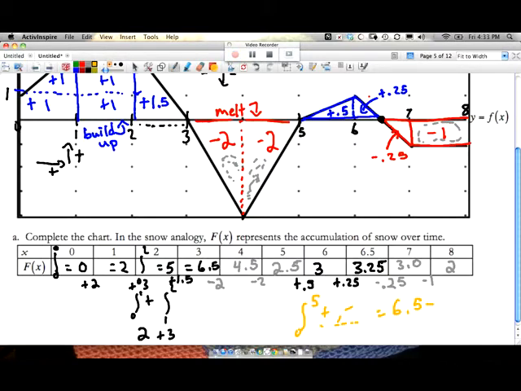And then for the negatives, I got 4, and that would give me 2.5, which is the same thing that we got, but we were just doing it one step at a time. So you don't have to do it one step at a time. You can jump right to any number and just total up the positives and negatives within those boundaries. So in this case, between 0 and 5.